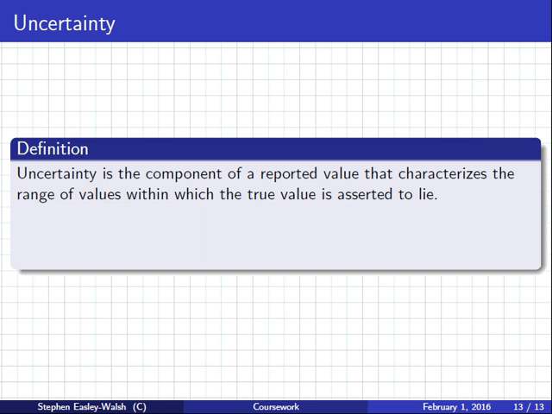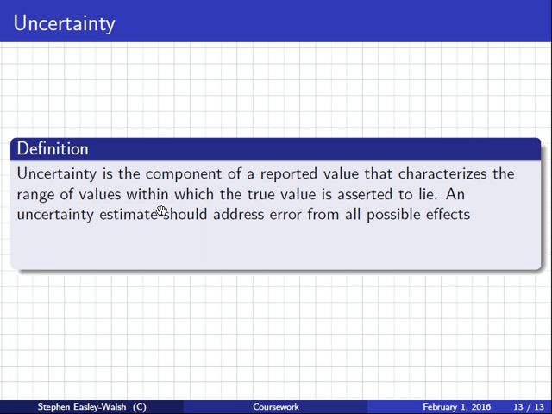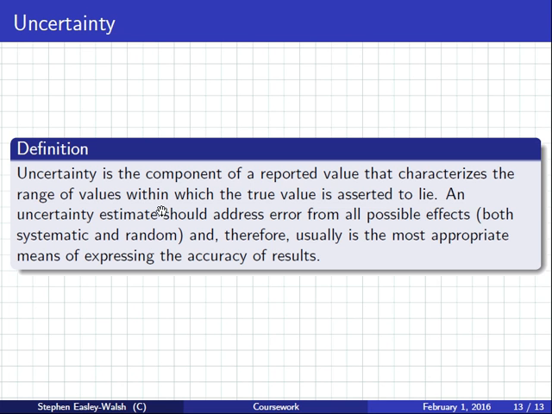So uncertainty is basically you saying how wrong my estimate could be. I think G is 9.8 plus or minus 0.2. That's the uncertainty. And the uncertainty should include all the errors and all the possible effects and all the things that could have gone wrong, both systematic and random. And it's the most appropriate way to express accuracy.